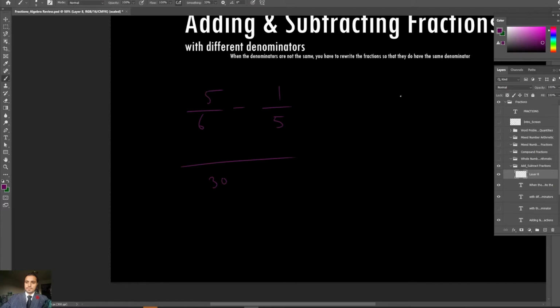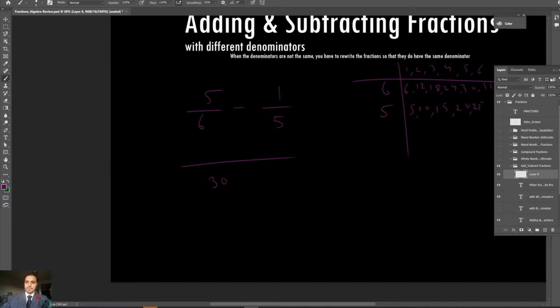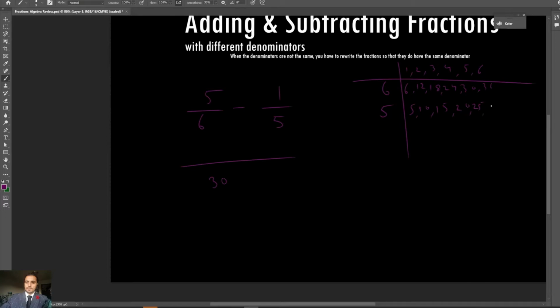Well, all we did was look at what we did last time. It's like if we have 6 and 5 and we write out all their multiples. 6 times 1 is 6, 6 times 2 is 12, 6 times 3 is 18, 6 times 4 is 24, 6 times 5 is 30, and 5 times 1 is 5, 5 times 2 is 10, 5 times 3 is 15, 20, 5 times 5 is 25, and 5 times 6 is 30, right?